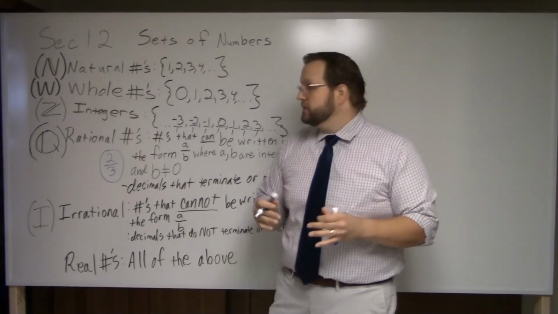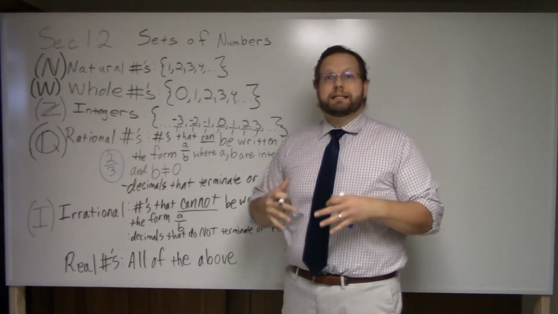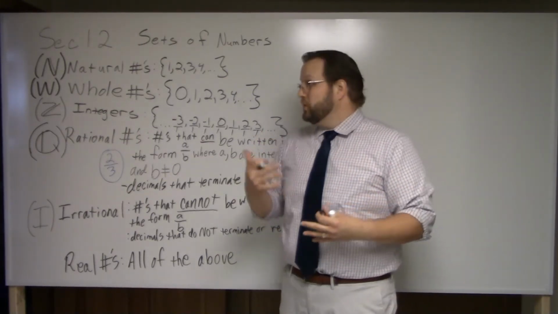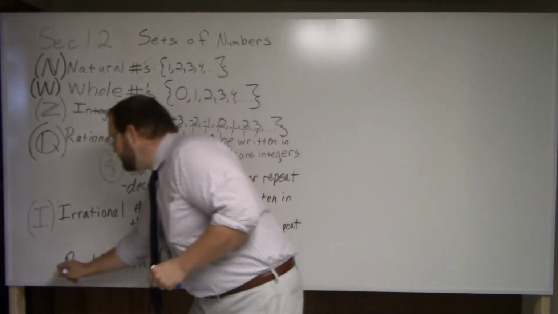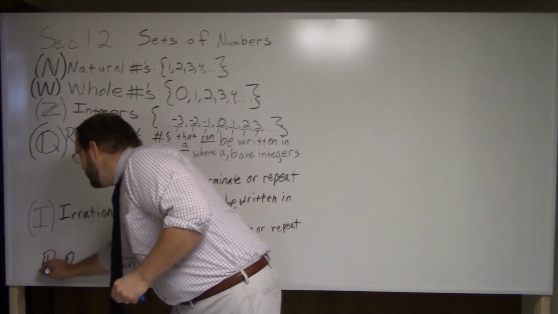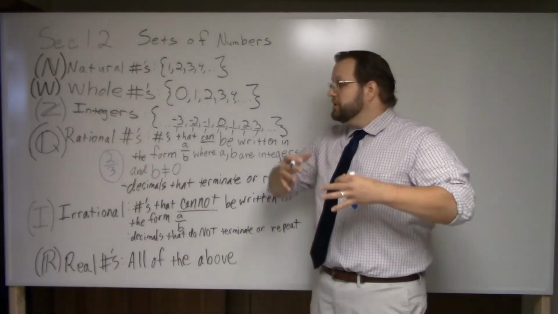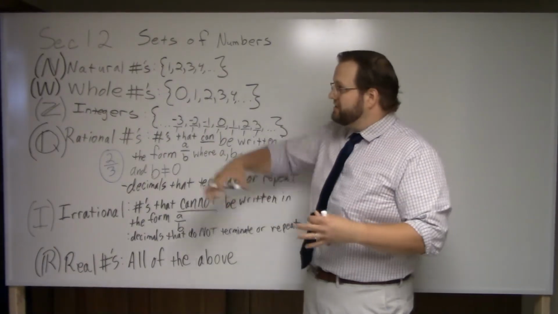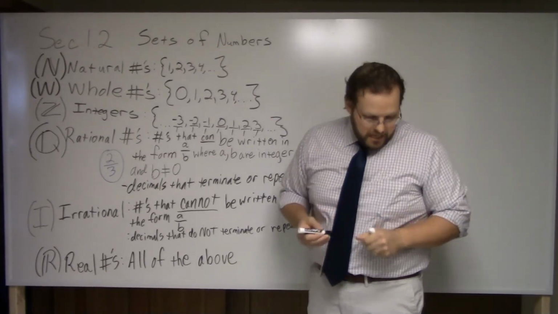The Q comes from the idea of these fractions. Remember, fractions are based in division, so Q stands for quotient. And then finally, real numbers is an R with a double vertical bar. Okay, those are just some short abbreviations just so we can navigate this a little quicker.